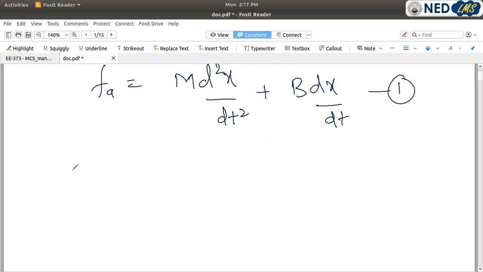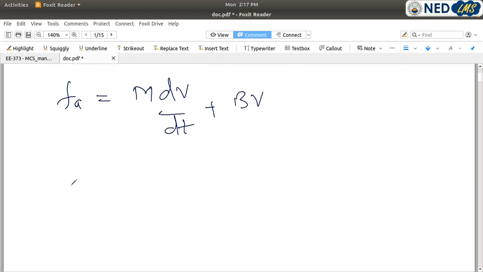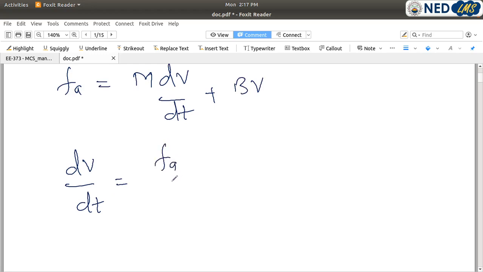So equation 1 will become m dv over dt plus bv, or dv over dt is equal to fa over m minus b over m v.